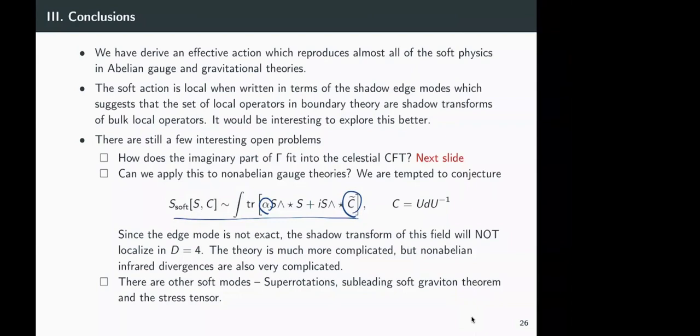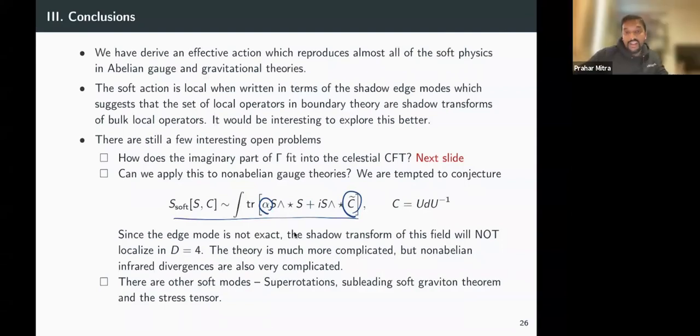Can I ask a question? Yeah. Yes. So is the claim that this kind of structure would completely reproduce something like soft collinear effective theory? Well, actually, I don't know.